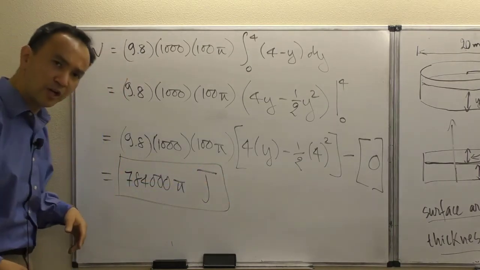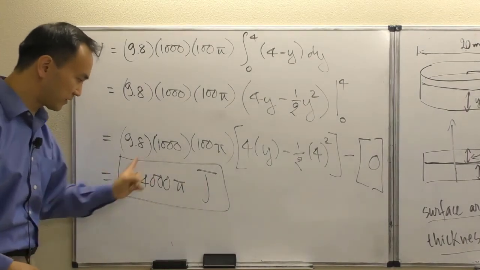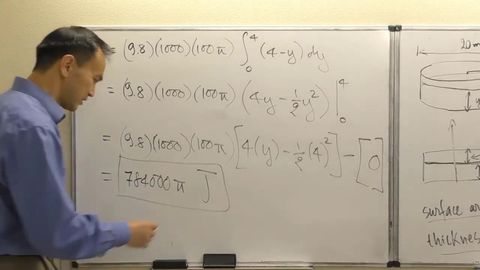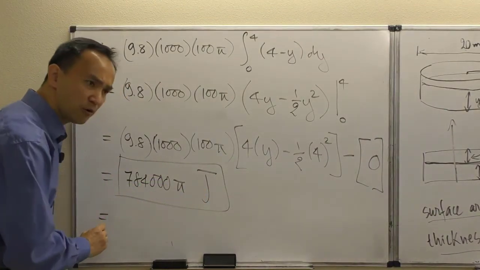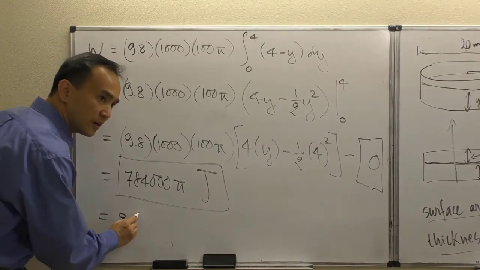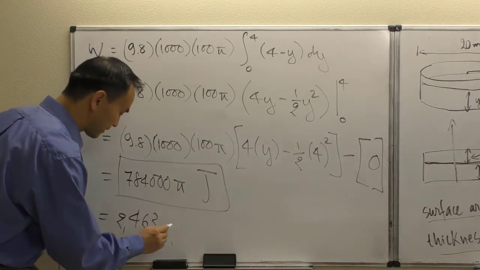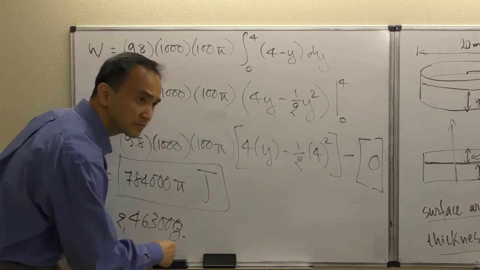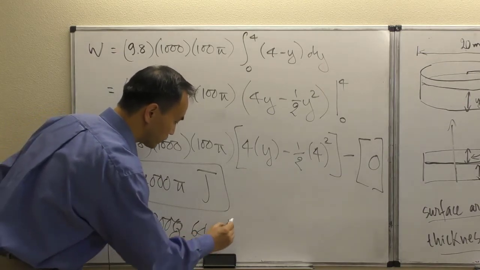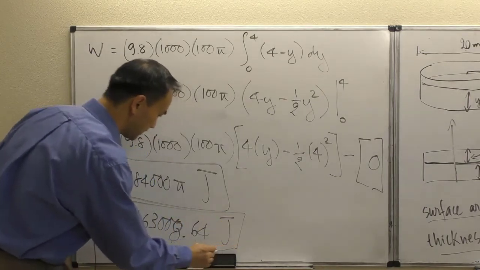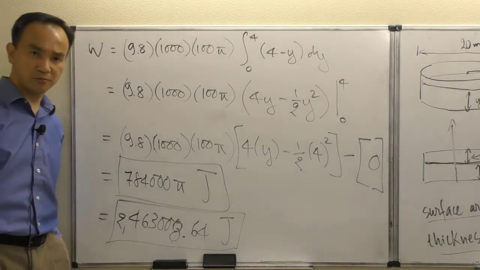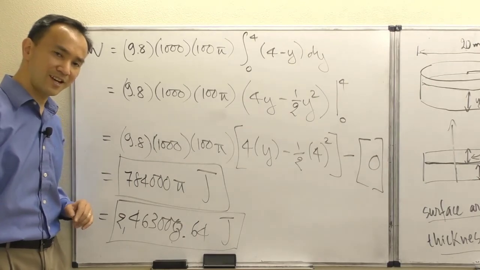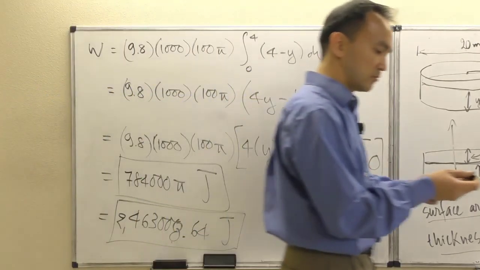In case anyone wants to know the decimal value, pi is about 3.14 and longer, so all of that together in decimal value is 2,463,008.64 joules. This is a lot of energy, a lot of work needed to lift that much water out of the tank. That's how we're done with this example.